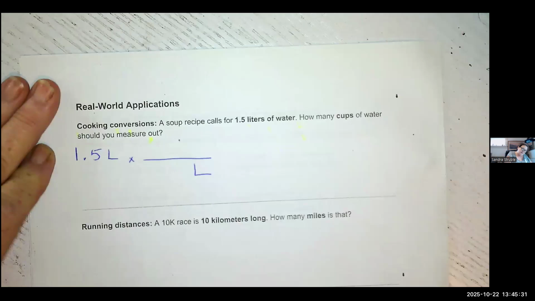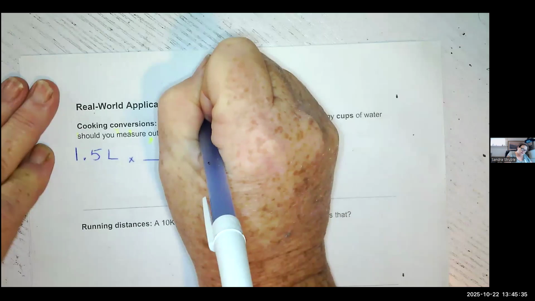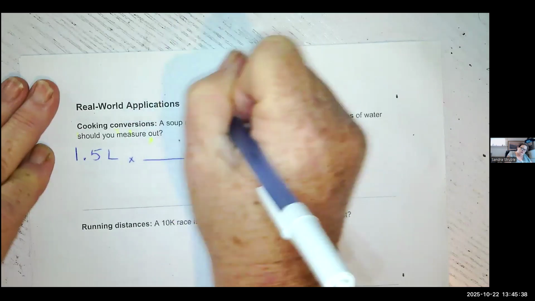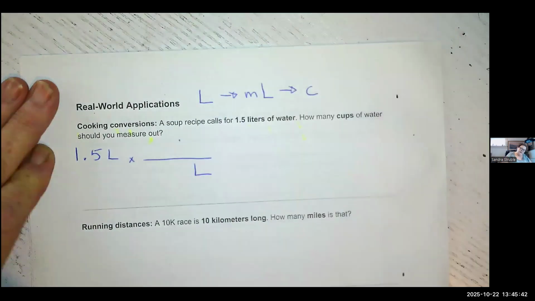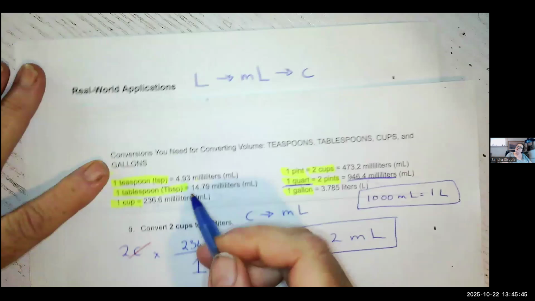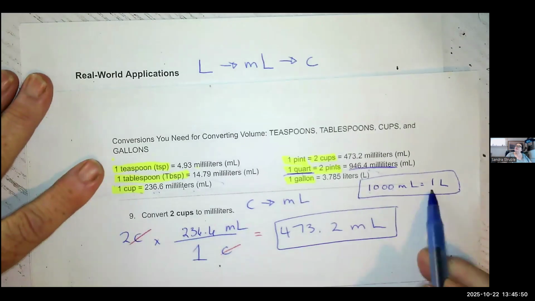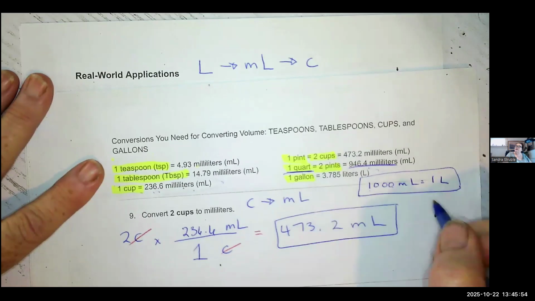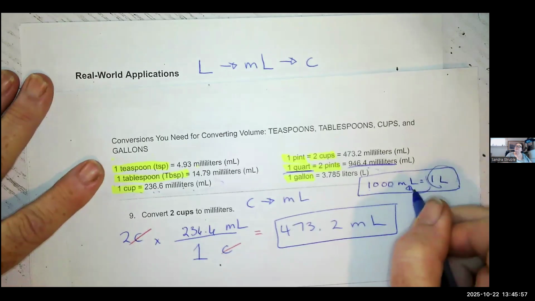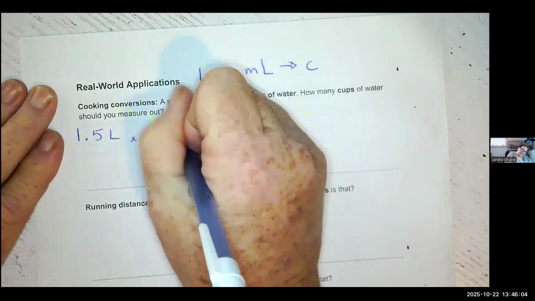So let's go from liters to milliliters to cups, because we've got milliliters to cups here, and we know that 1,000 milliliters is 1 liter. So we can go from liters, which is where we're starting at, to milliliters, and then milliliters to the cups. So liters to milliliters, and then milliliters to cups.